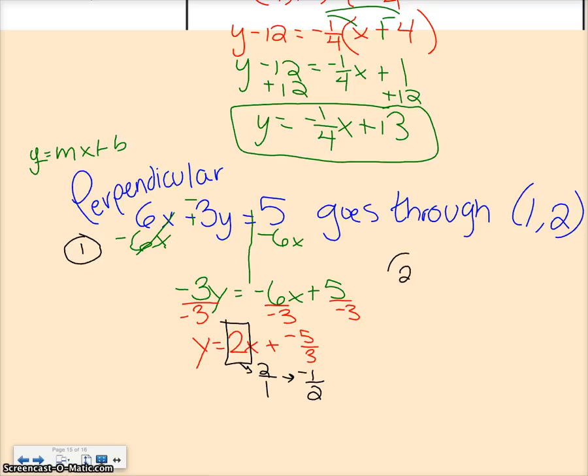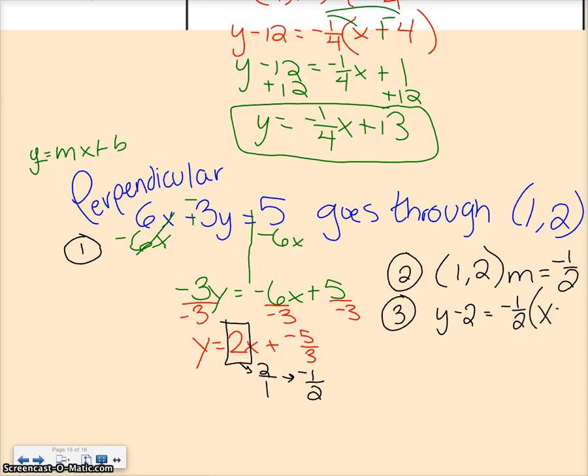So this was all step 1. Now I can do step 2, where I have the point I go through, and now I know my perpendicular slope, negative 1/2. Step 3, using point slope. Y minus the y you're given is equal to negative 1/2 times x minus the x you're given. That's a 1. Let me make that a little nicer.